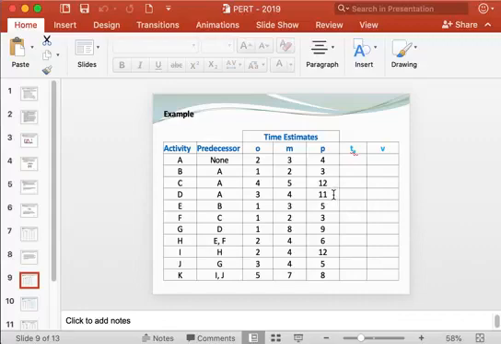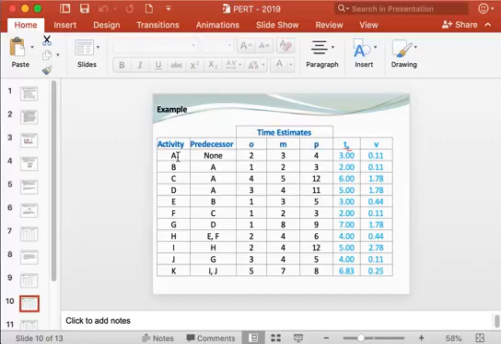So for each activity you have to calculate TE using TE equal to O plus 4M plus P divided by 6, and V equal to P minus O divided by 6, whole square. So for each activity you have to calculate TE and V. This one is done for you here.